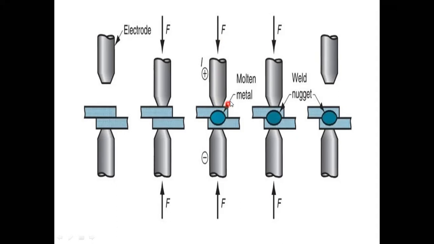Otherwise, power is not applied. If we apply power before that, some sparking will occur within 1 to 2 millimeter. But we don't want sparking. That's why, whenever all the adjustment is over and the metal is held between the two electrodes, we only then apply power.